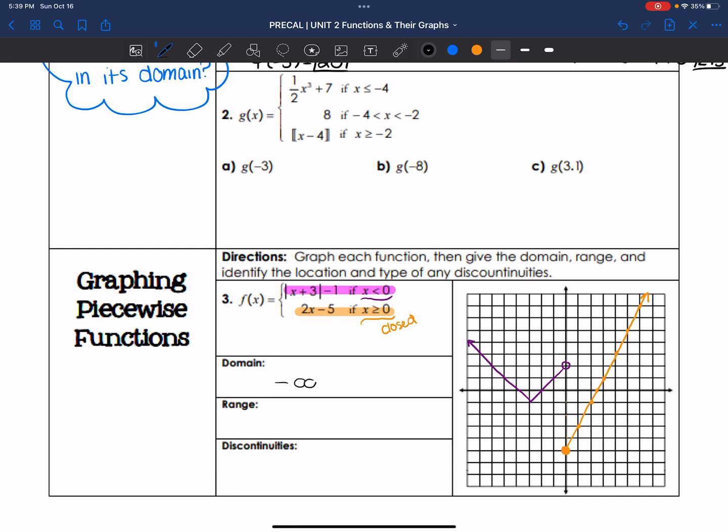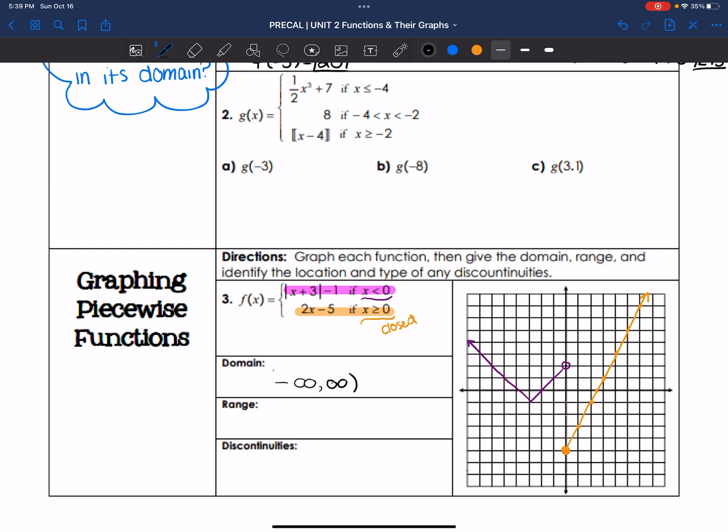Then if I continue tracing, we do have this open value here, but it is defined down below, so we don't miss anything at 0. It continues to the right forever, all the way to infinity.